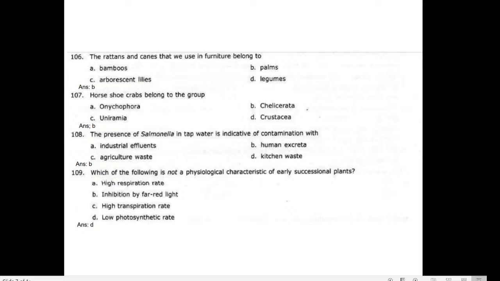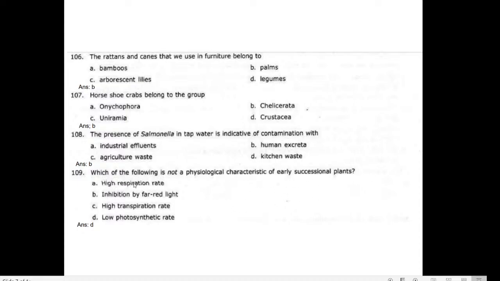Which of the following is not a physical characteristic of early successional plants? The answer is the low photosynthesis rate. What are the characteristics of early succession plants?